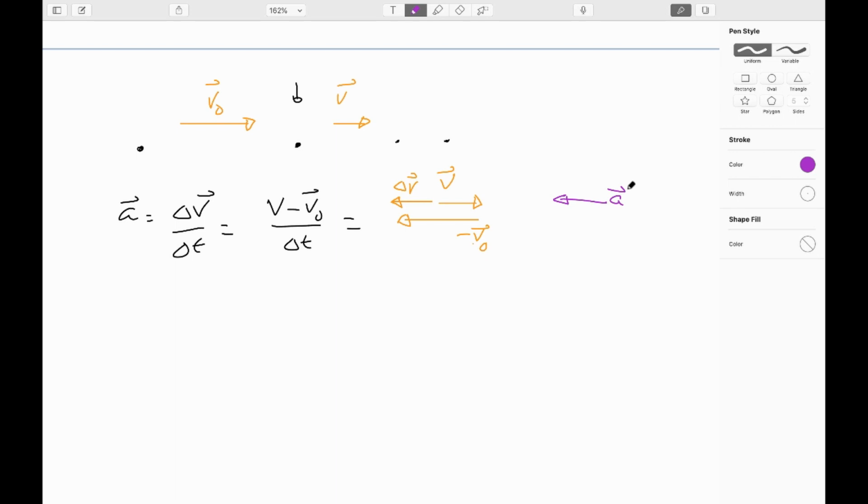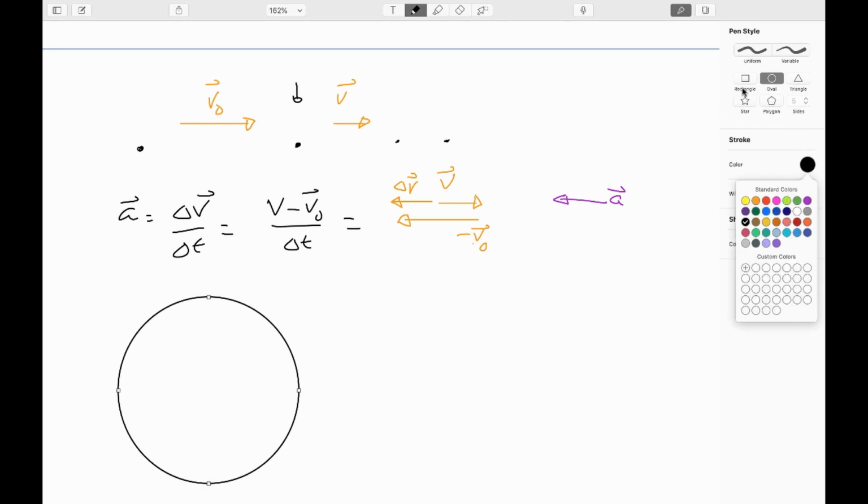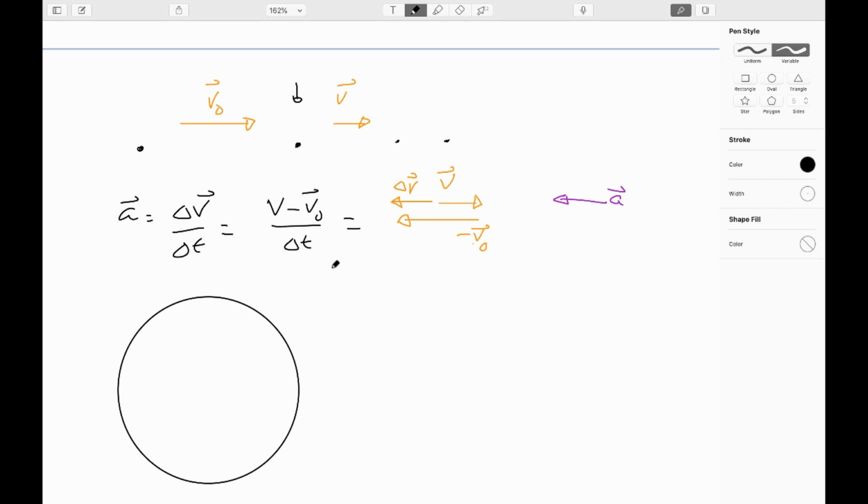Okay, but there's more that we could do than just that. We could imagine, say, having something move around in a circle. So let me just draw in a quick circle just to help guide us here. There we go.